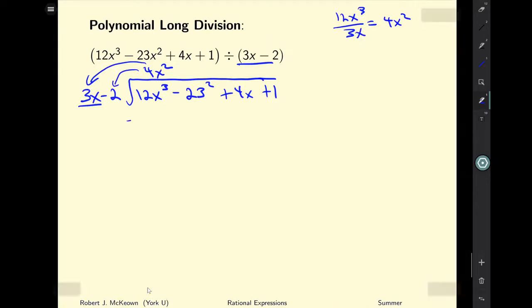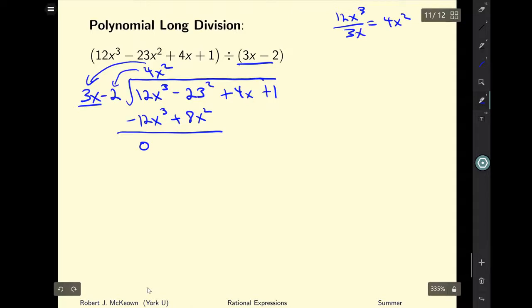And remember we're subtracting, so I get negative 12x cubed minus 8x squared, but that's a minus, and so it's going to be a plus, because minus a minus is a plus. I draw a bar like that.